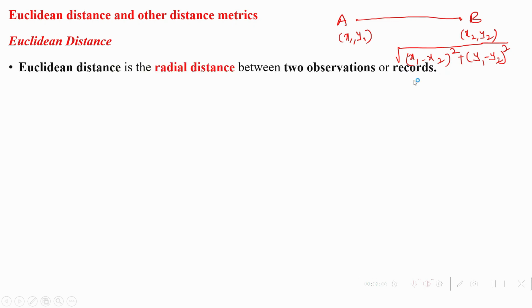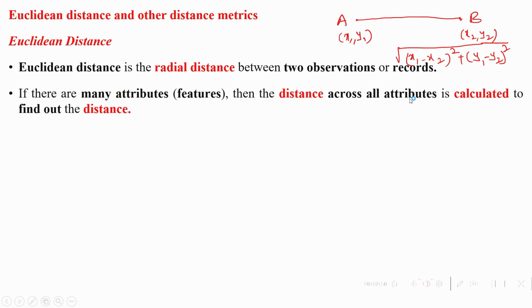Euclidean distance is the radial distance between two observations or records. If there are many attributes, here attributes are nothing but features, then the distance across all the attributes is calculated.